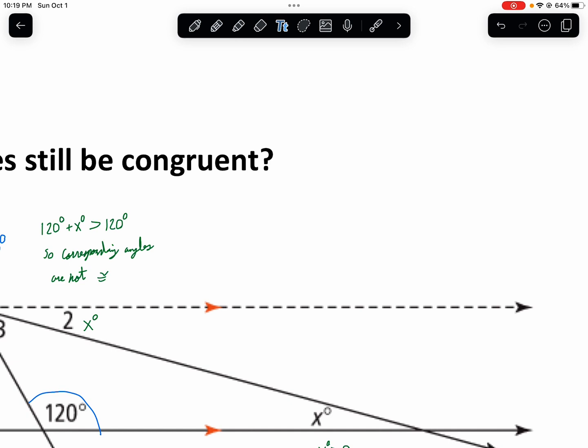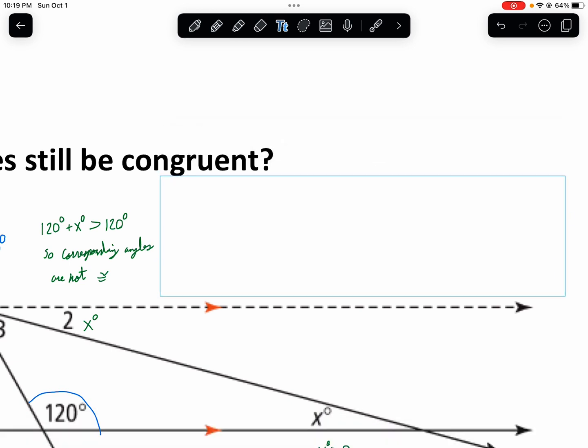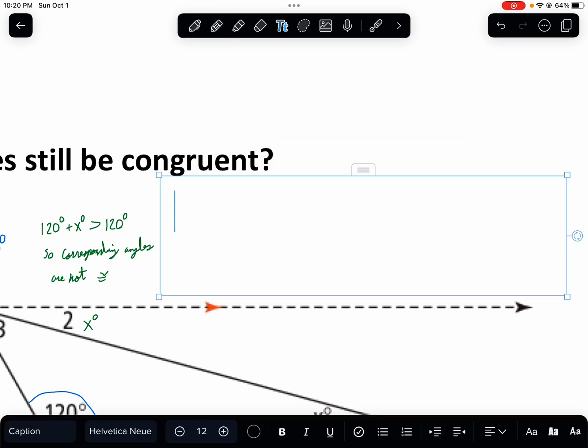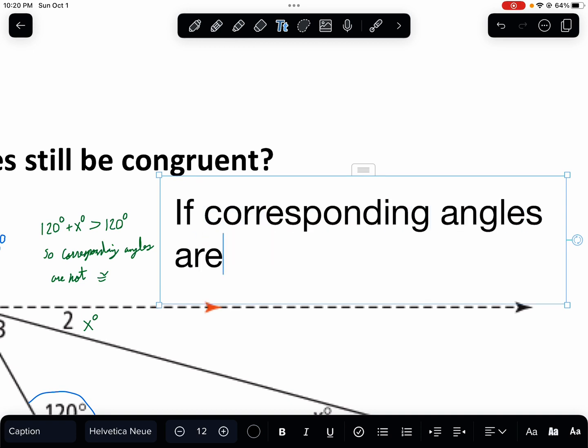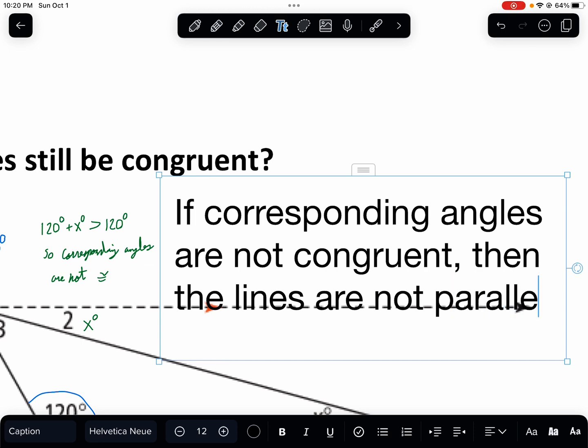Our original statement was that corresponding angles congruent make parallel lines. And, as you've learned in the last chapter, our backward statements have names. Our backward statement would go like this: if corresponding angles are not congruent, then the lines are not parallel.